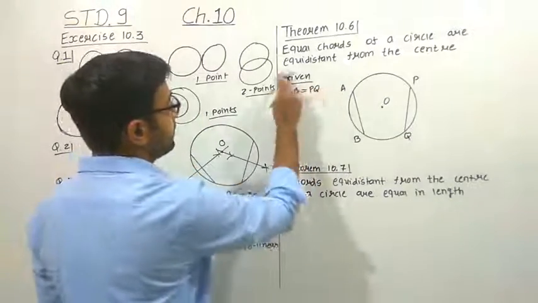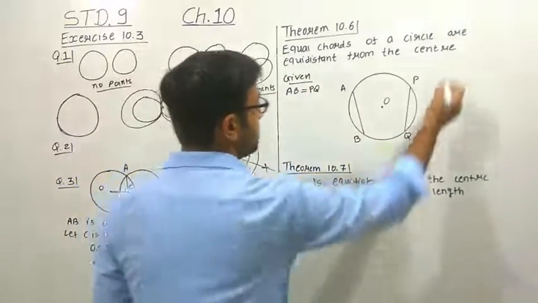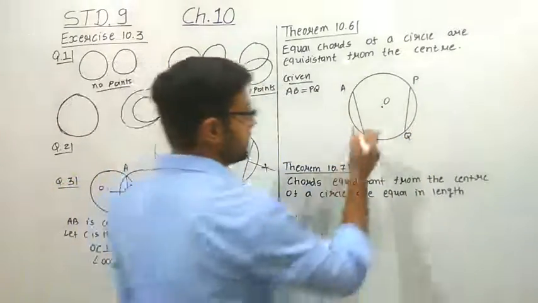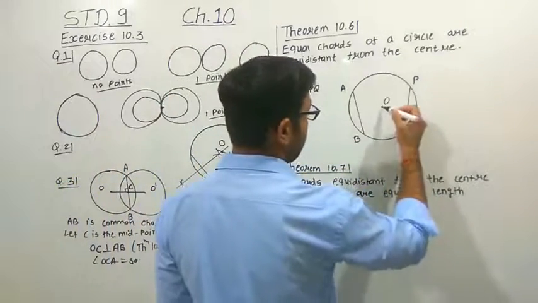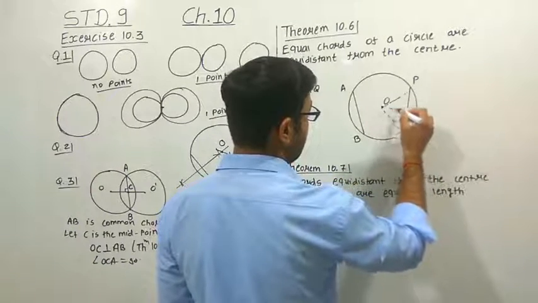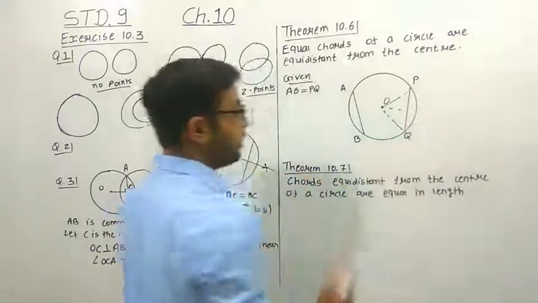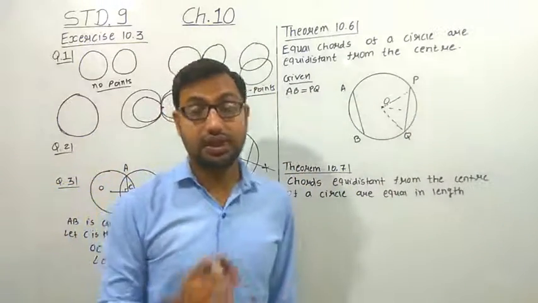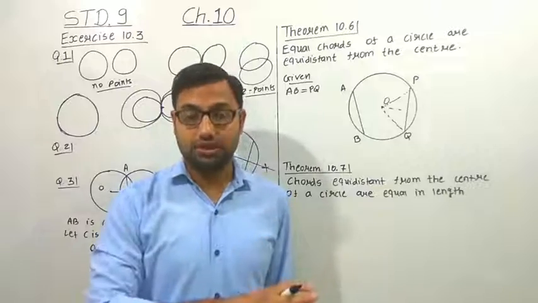Now, equidistant from the center. What is the meaning of distance from the center? This is the chord. If we draw a line segment from here to here, we can also draw a line from here to here, here to here. Many lines we can draw. But which distance is called the distance? That means the perpendicular distance, right?